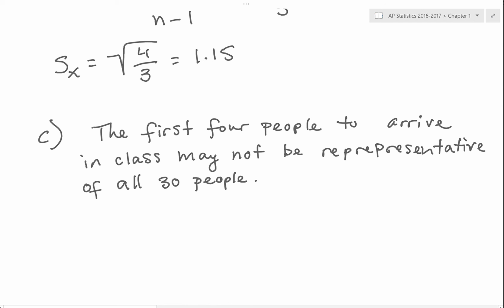We don't have to say they are not representative of all 30 people. We just have to say they may not be representative of all 30 people.